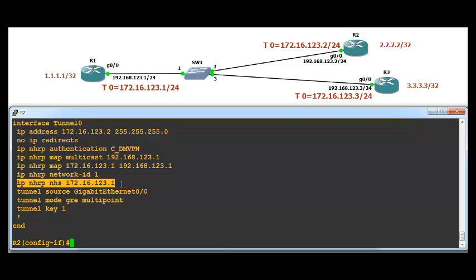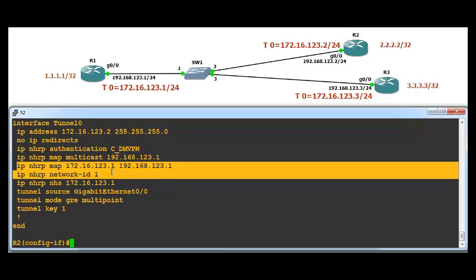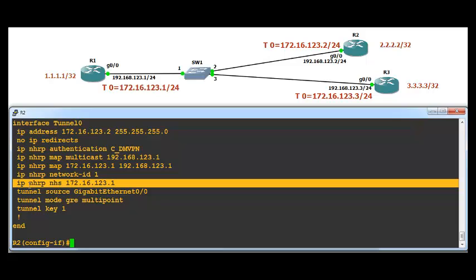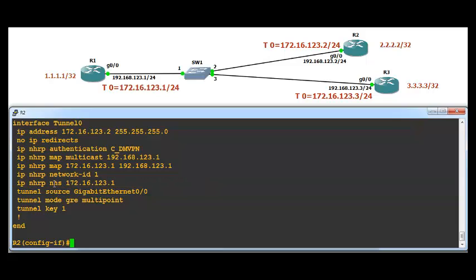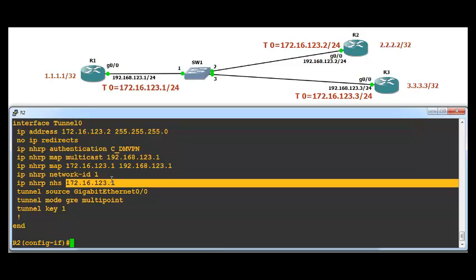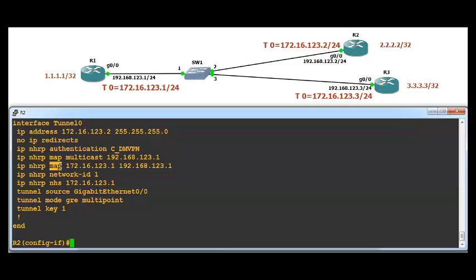People will get confused here. Where? Only in these 2. This one and this one. Very easy. See? My next hop for my tunnel is the tunnel IP address. Now how to go there? That's what the map command says.